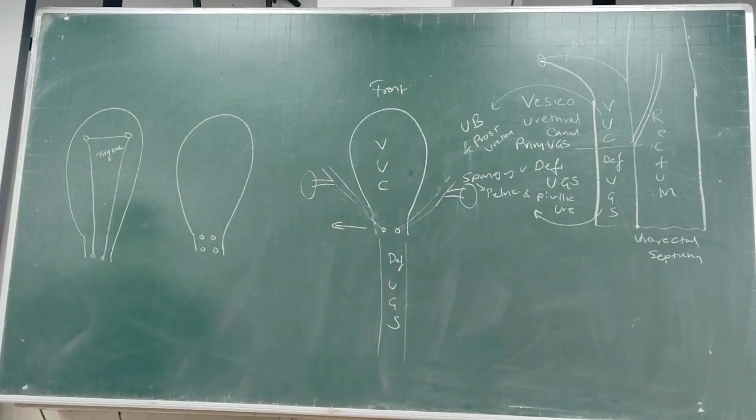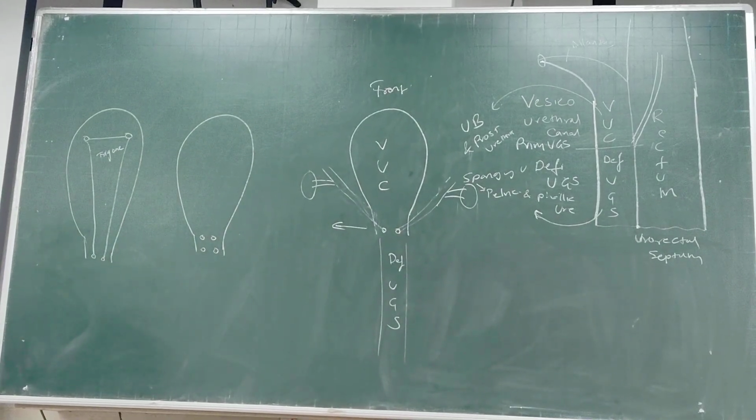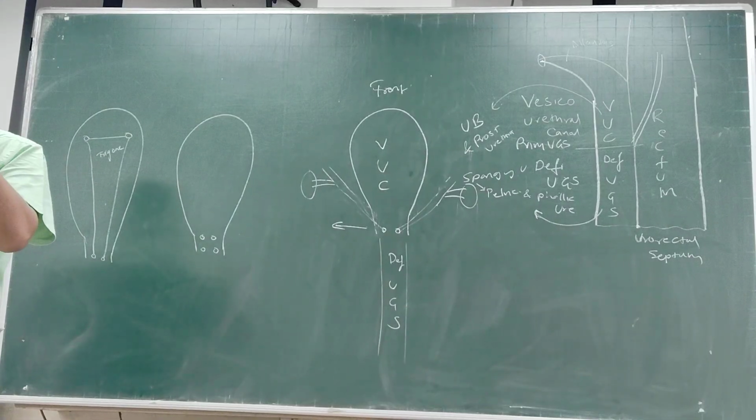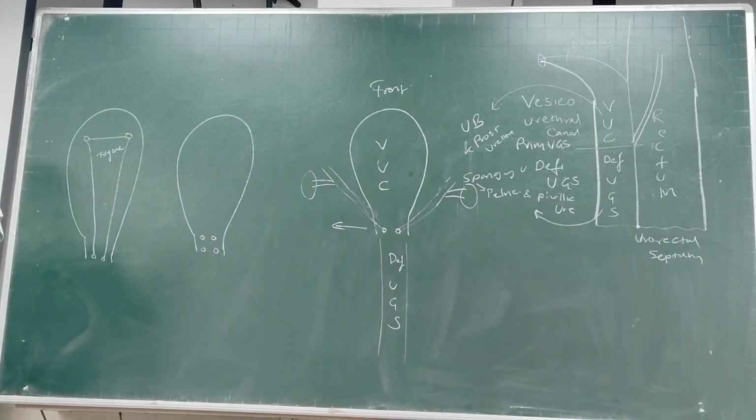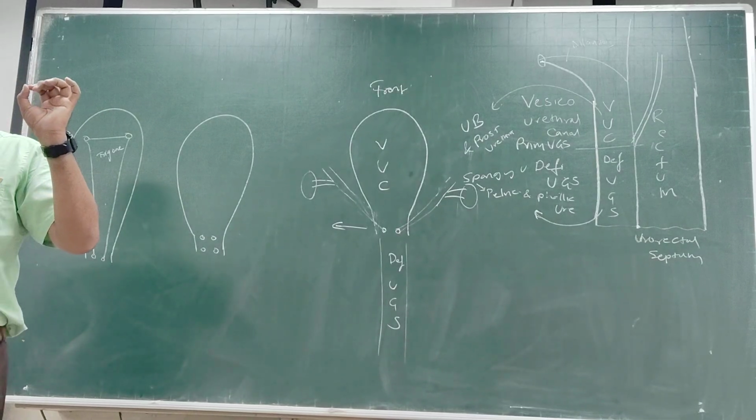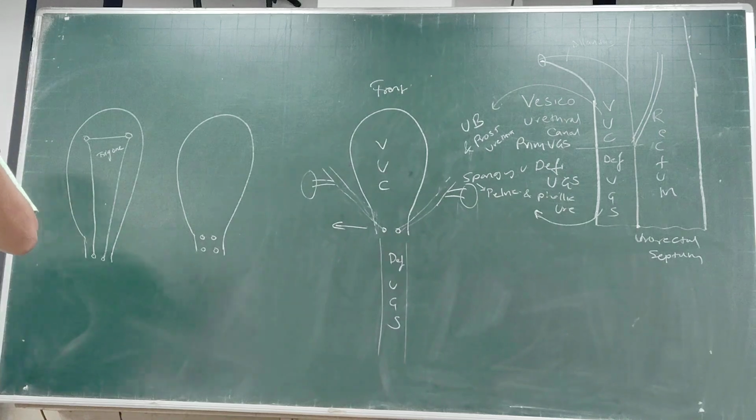The mesonephric duct, paramesonephric duct. We had drawn intermediate mesoderm enlarges to form nephrogenic cord where there are metanephric tubules, paramesonephric duct, mesonephric duct, and genital ridge.